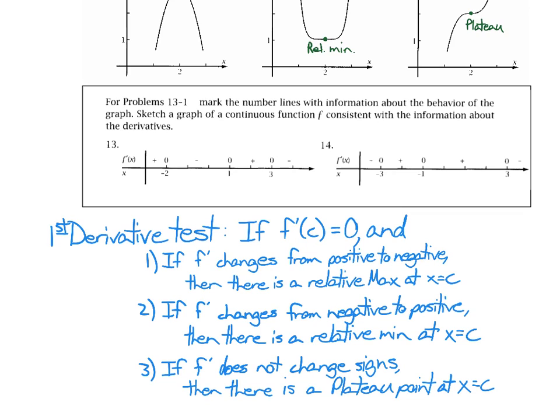If f prime is changing from positive to negative, then the function is changing from increasing to decreasing, okay? If f prime is changing from negative to positive, then the function is changing from decreasing to increasing, okay? You need to state that because the function is changing from increasing to decreasing, we have a relative max at this point. Okay? So again, communicate. Alright?